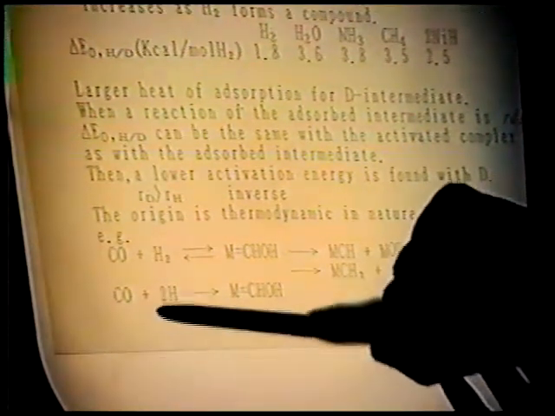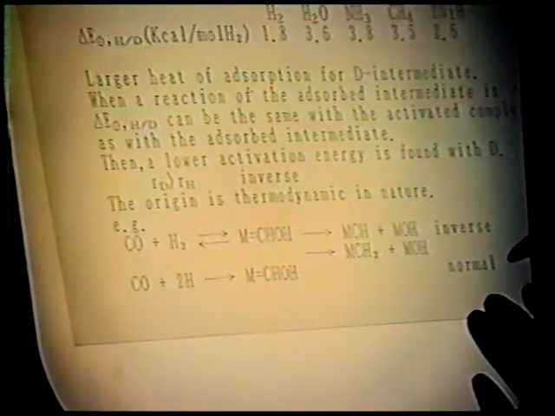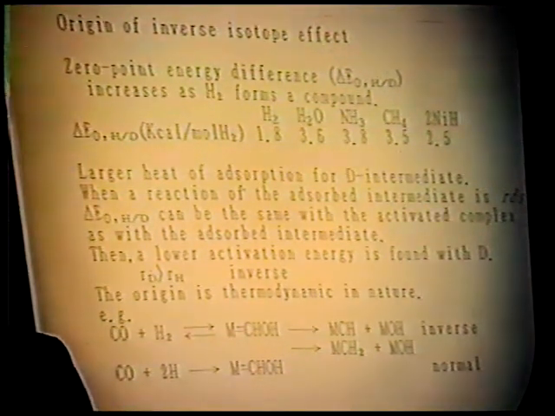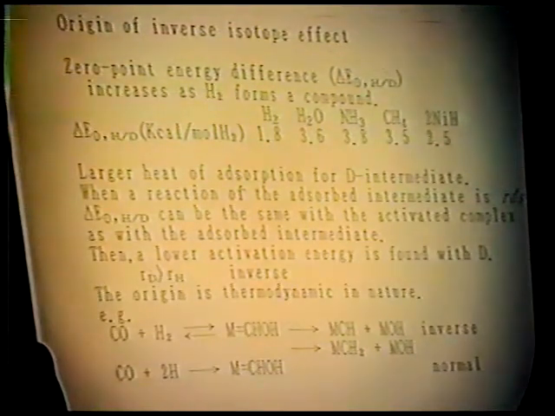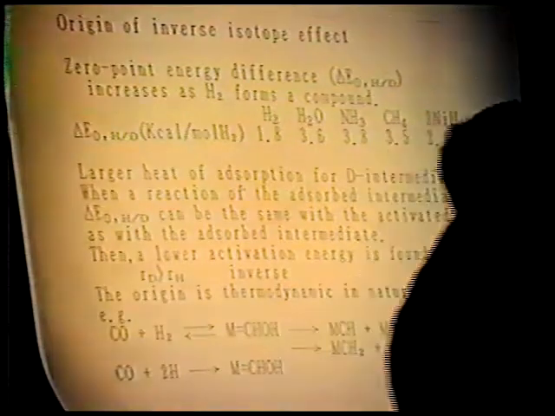But in case the direct attack of hydrogen on carbon monoxide is the determining step, then the isotope effect would be normal. So, summarizing the result, deuterium can be successfully used to elucidate the mechanism of catalysis, and some examples are introduced here. Thank you for your attention.